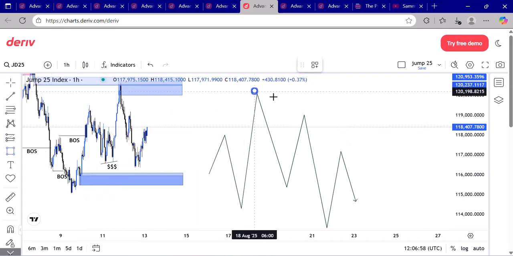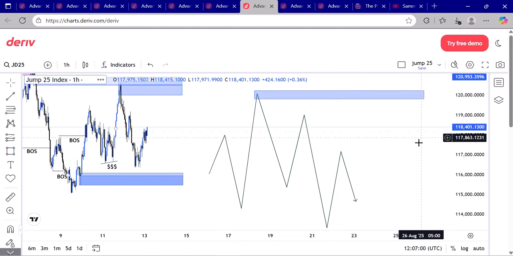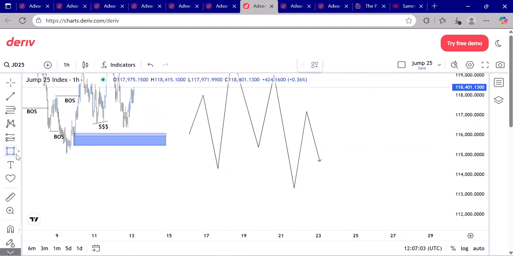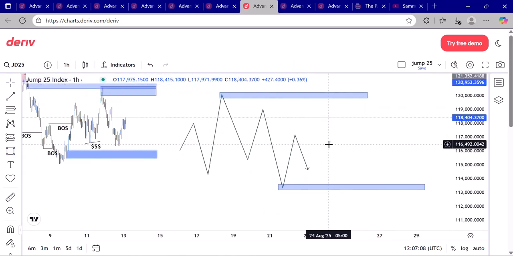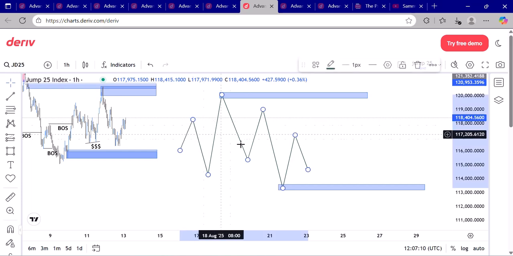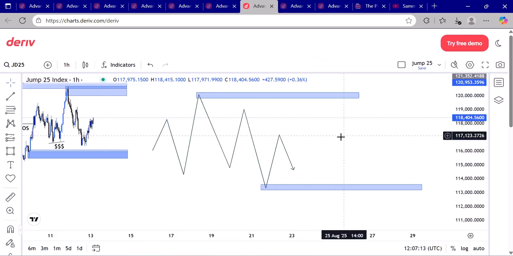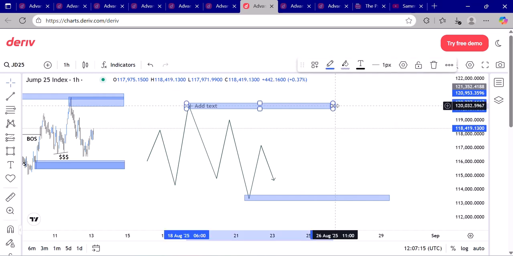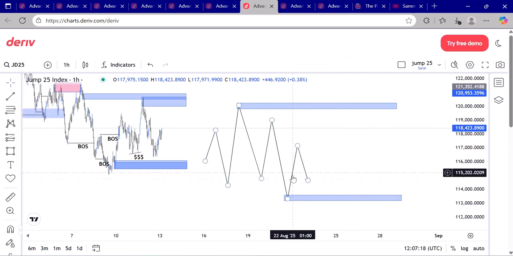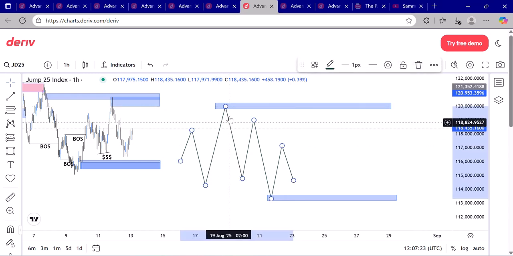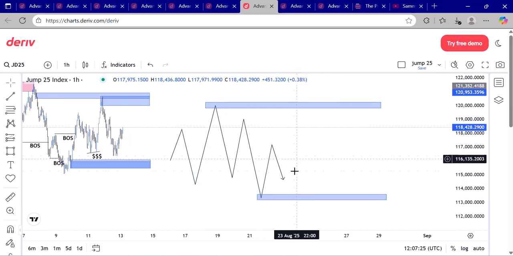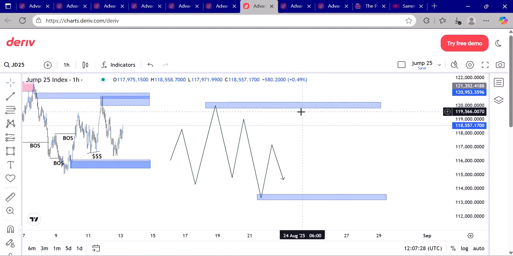This was our previous high, and this was our previous low. So now this gives us a trading range. It means that we are trading around this zone.